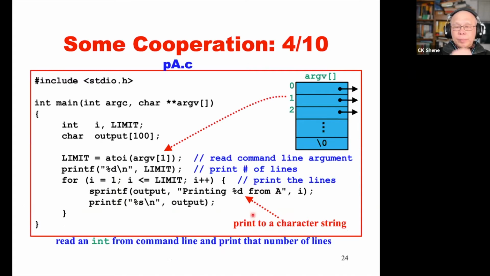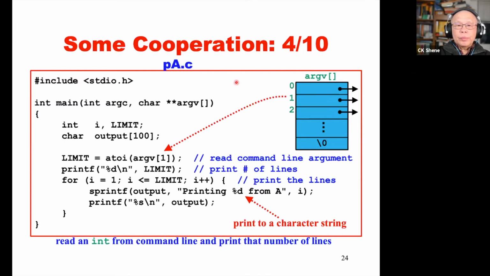Now let's take a look at a very simple example. I'm sure you know the argument vector is an array of pointers ended with a binary 0. argv[0] is a pointer to a string, which is exactly the program name. argv[1] is a pointer to the string that represents argument 1. argv[2] is a pointer to a string that represents argument 2.